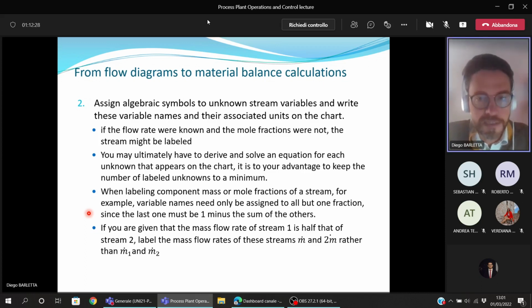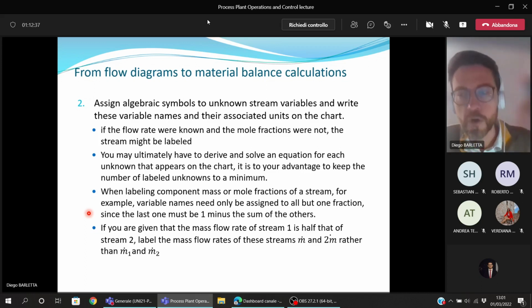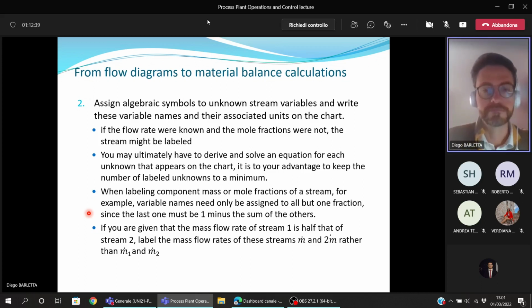So the last mole fraction could be expressed as 1 minus the sum of the others. These are useful tips to highlight quite immediately on the chart what is the number of effective unknowns to calculate from the material balance calculation.